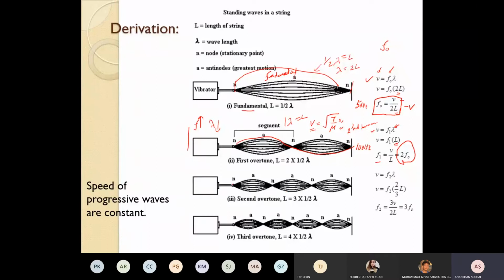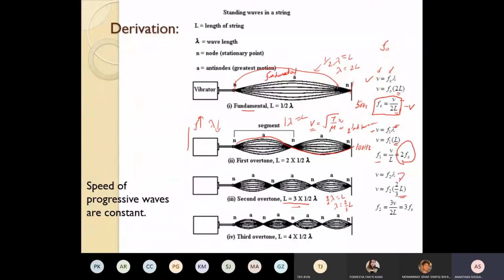This pattern continues. If you raise the frequency further, you get 3 loops. This 3 loops is how many lambda? 3/2 lambda is L, so lambda equals 2/3 L. That's what we substitute here.